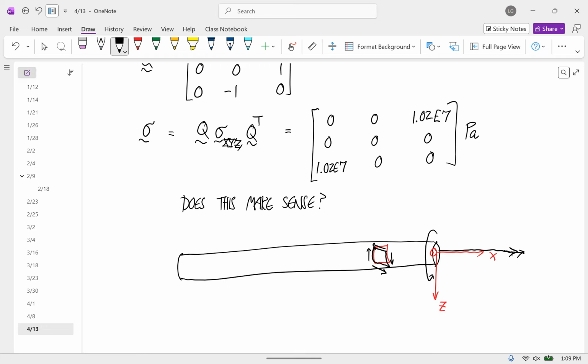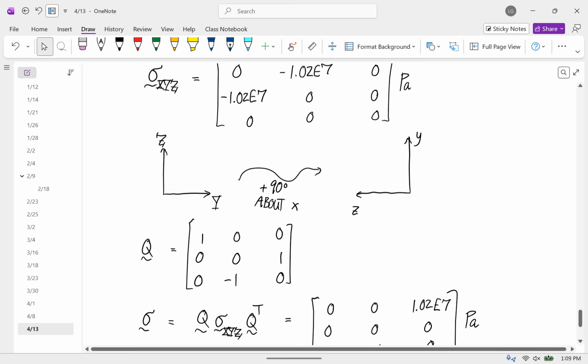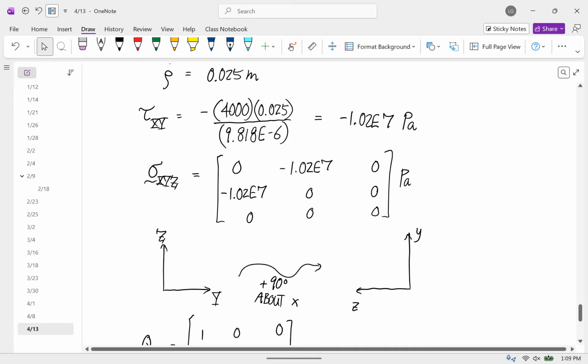And think about what those shear stresses are. The one that's pointing down is on the positive x face in the positive z direction. You see that? And so we would expect to have an xz stress that's positive, and that's what we got. What do you think happens if these aren't 90-degree angles?